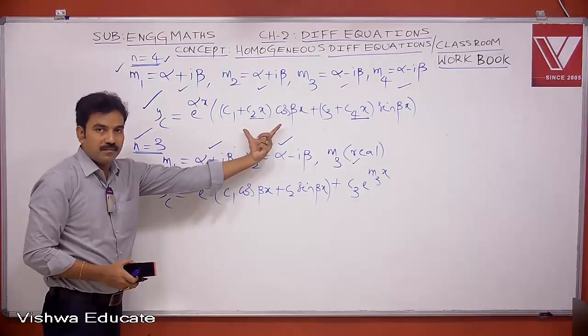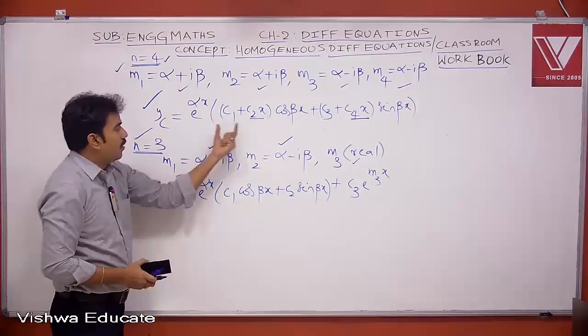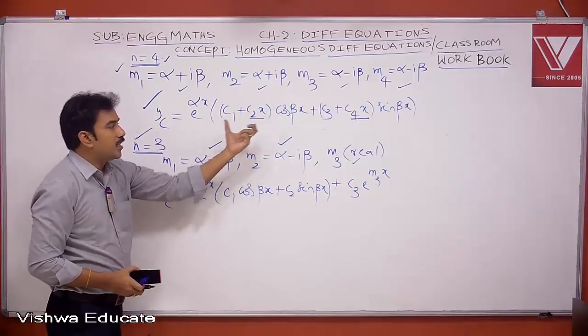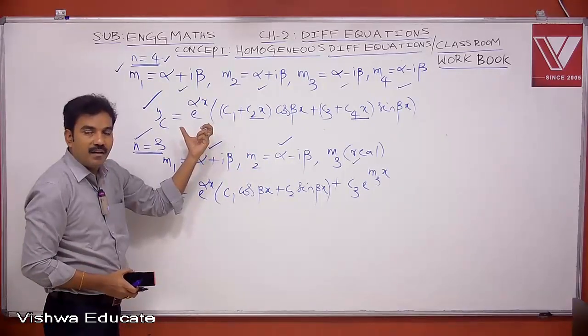Note this equation: e power alpha x into (c1 plus c2 x) into cos beta x plus (c3 plus c4 x) into sin beta x.